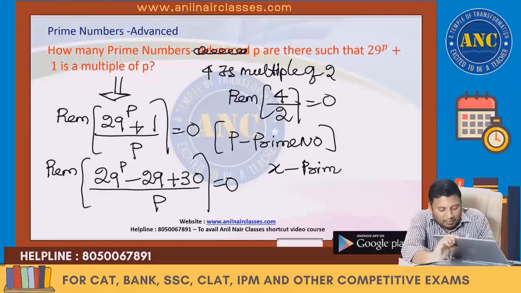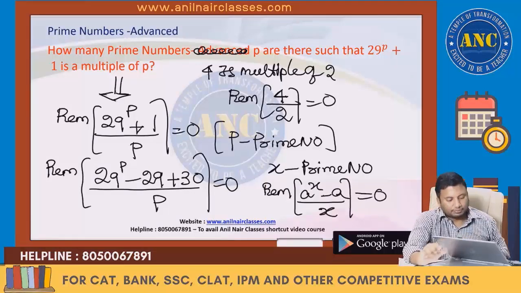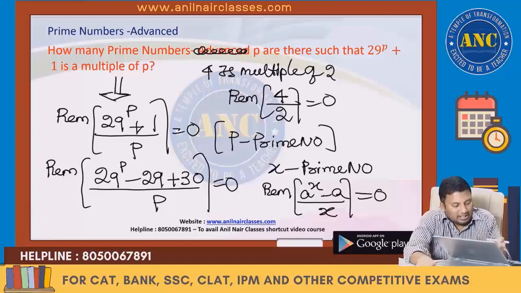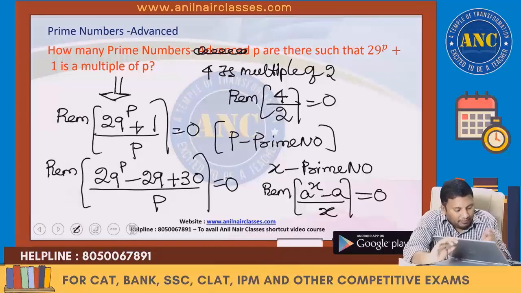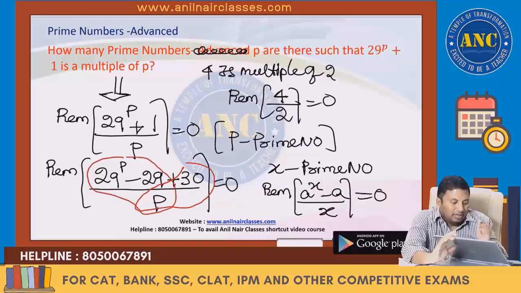If x is a prime number, a power x minus a, when divided by x is 0. Now 29 power p minus 29 is divisible by p, and 30 should be divisible by p.